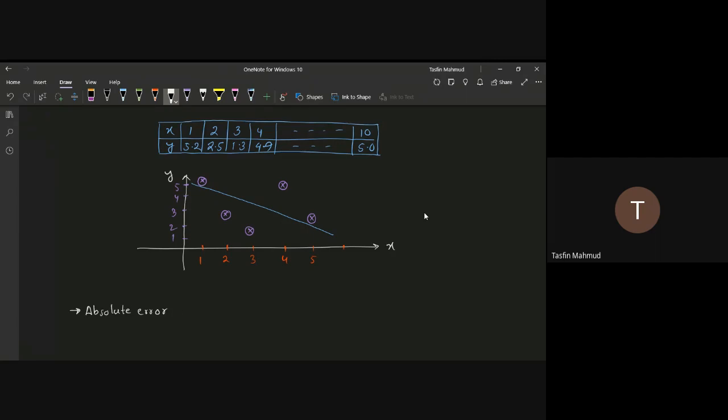The definition of absolute error is that we will consider the y estimated minus the y actual, and we will take its absolute value, modulus.